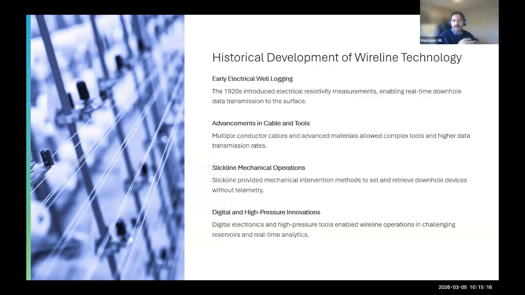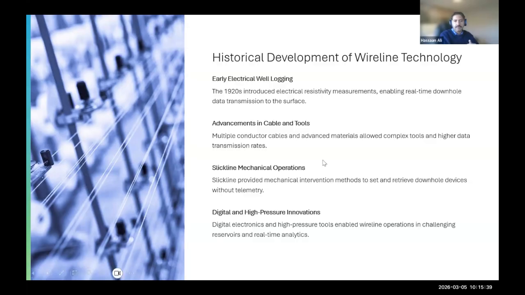Because before that, people had no way of figuring out what is downhole, right? They would drill a well, they would keep on punching holes in the earth with a prospect that maybe one of them will start producing, right? But with the electrical well logging, it was a revolutionary technology in 1920s, right? Now you could actually figure out what is down there.